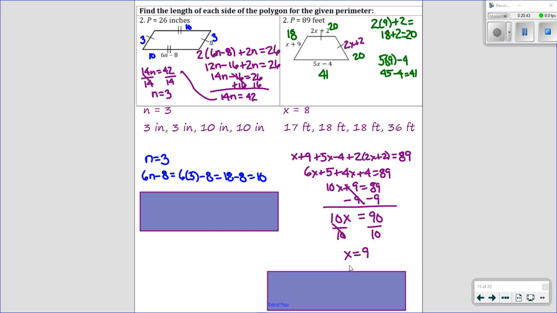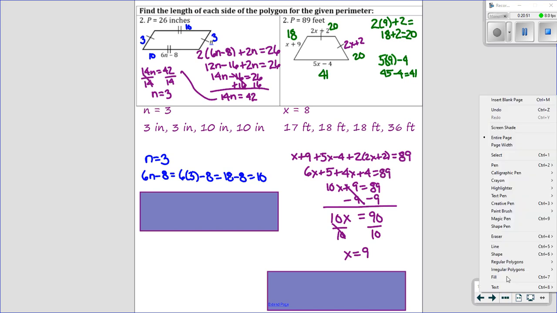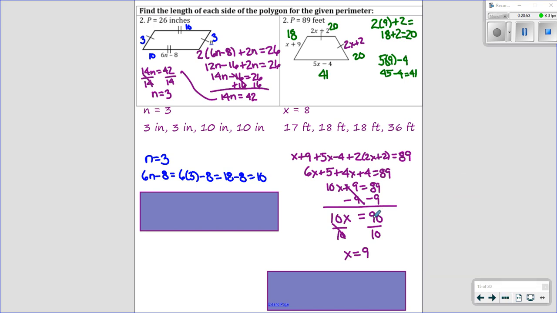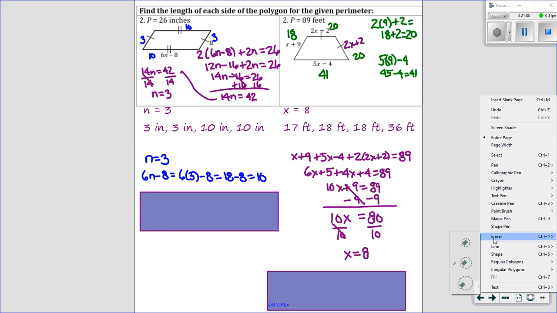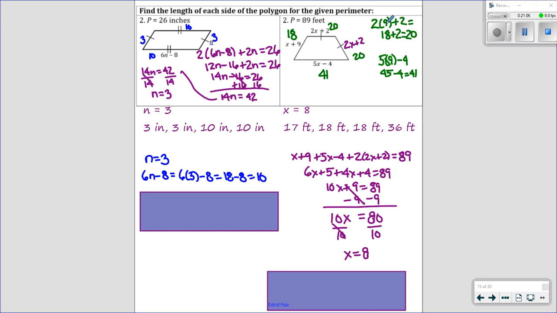Oh, did I mess up here? Let's see. 9 equals, oh, I goofed. Sorry about that. That should have been 80, and that should be 8. So let me erase this. So gotta be careful.